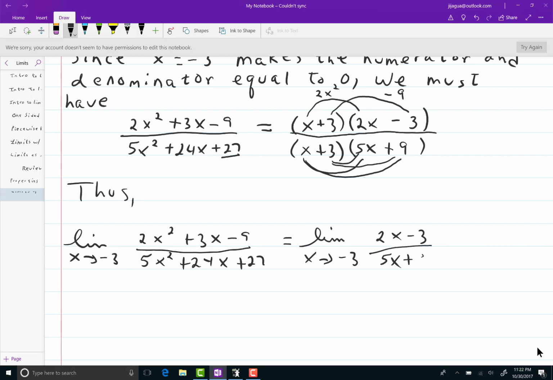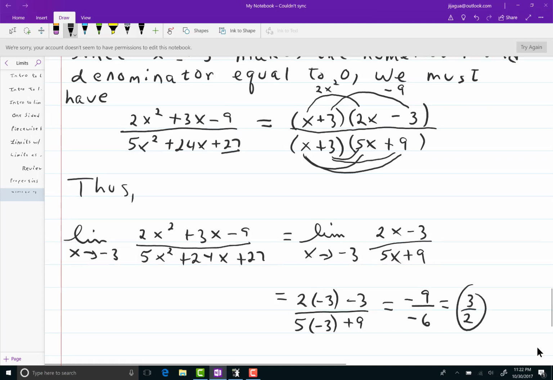This is a rational function. If I can now plug negative 3 in, I'll have the limit. So let's see what happens if we just try to plug negative 3 in. I get 2 times negative 3 minus 3 divided by 5 times negative 3 plus 9. So I get negative 9 over negative 6, which equals 3/2.